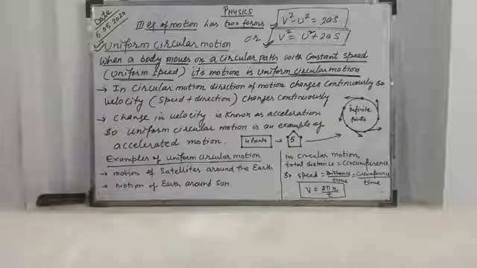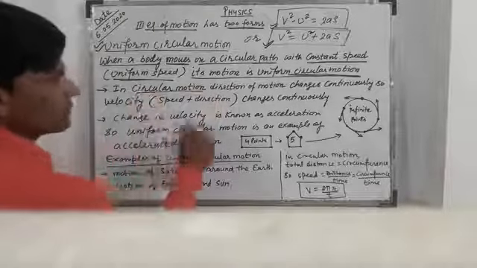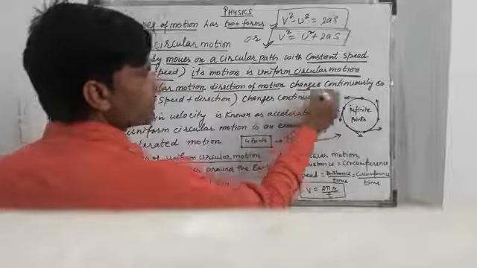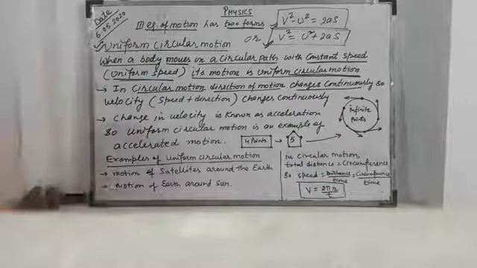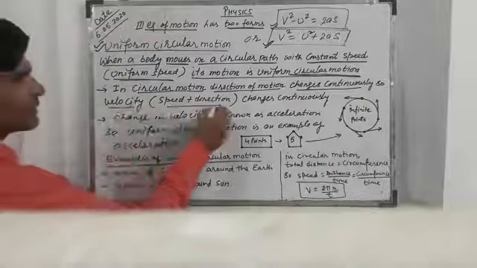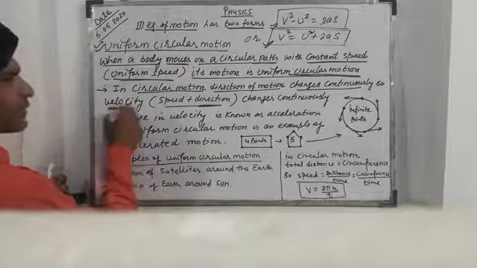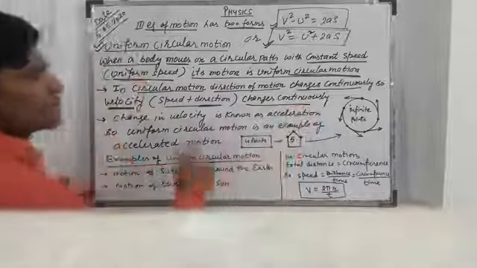So in circular motion, the direction of motion changes continuously, because velocity means speed plus direction. So the velocity changes continuously.